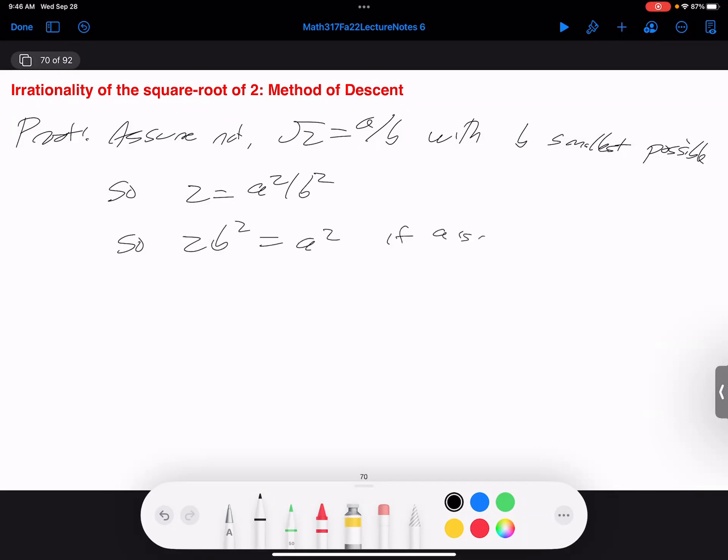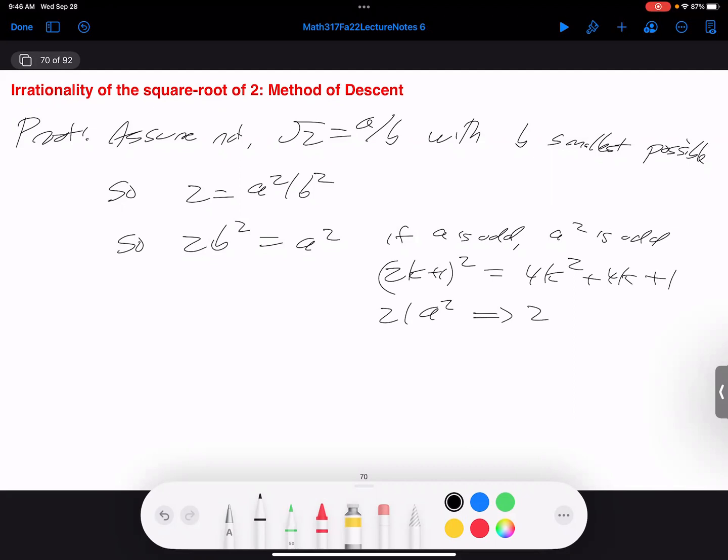If a is odd, a squared is odd. So (2k plus 1) squared is 4k squared plus 4k plus 1. So the only way 2 can divide a squared implies 2 divides a. Because if a was odd, 2 cannot divide a squared.